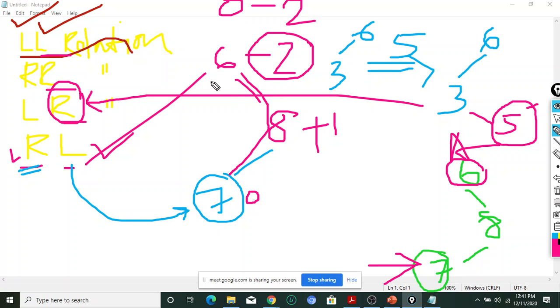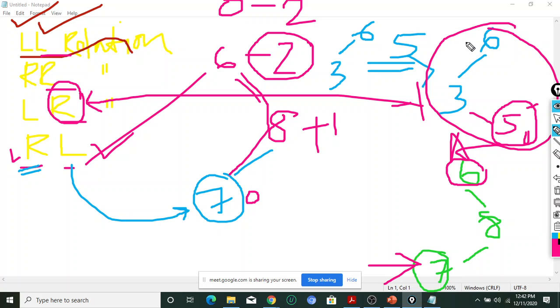But we make sure that if I am going to insert any node, the height of the tree is different, yes or no? That means it increases, yes. Similarly, if I consider this picture, 6, 3 and 5, here the balance factor is 0, this is minus 1, and what is the balance factor at root 6?